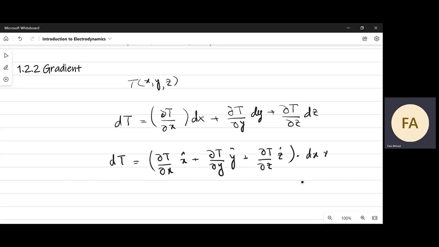So the length element in the x direction is dx, in the y direction is dy, and in the z direction is dz.